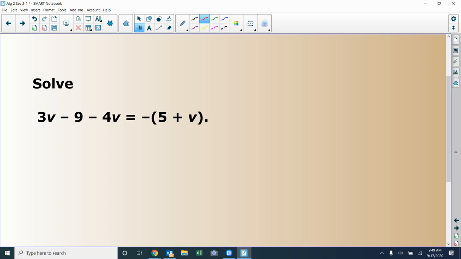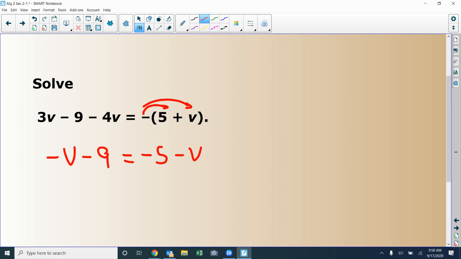I designed it, but be careful with that negative, we gotta distribute it. Add like things on this side. Negative b minus 9. Distribute that, we're gonna get minus 5 minus b.